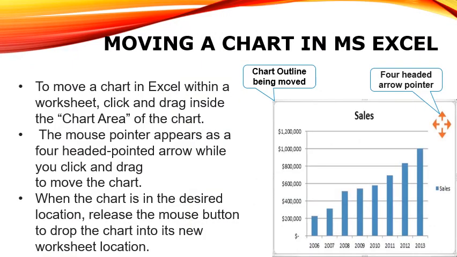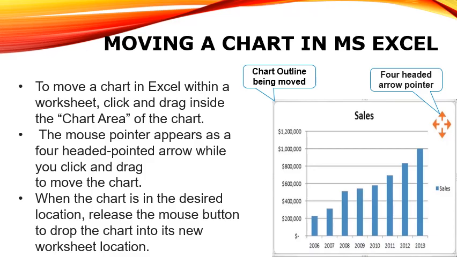Moving a chart in MS Excel. Moving a chart from one location to another: these are the simple steps. To move a chart in Excel within a worksheet, click and drag inside the chart area of the chart.